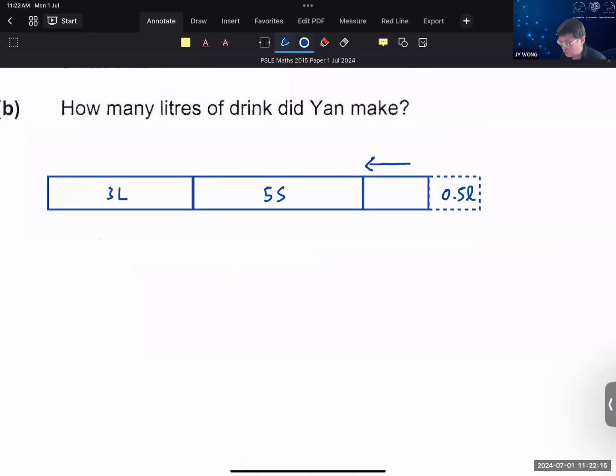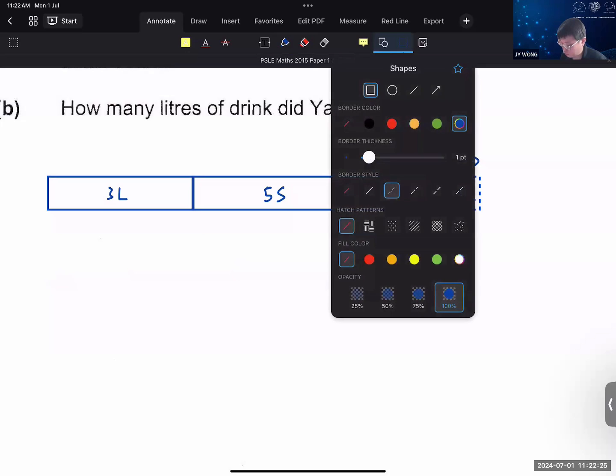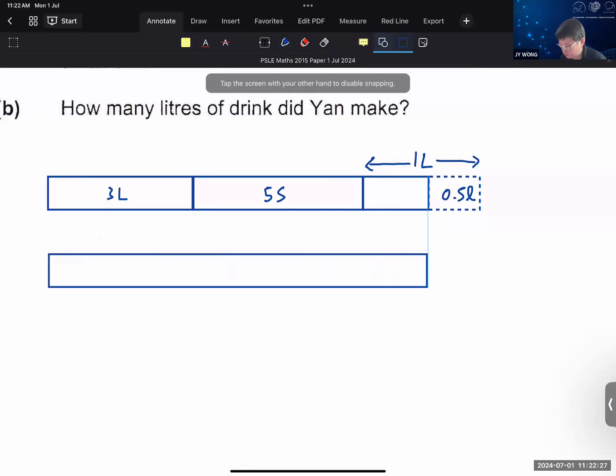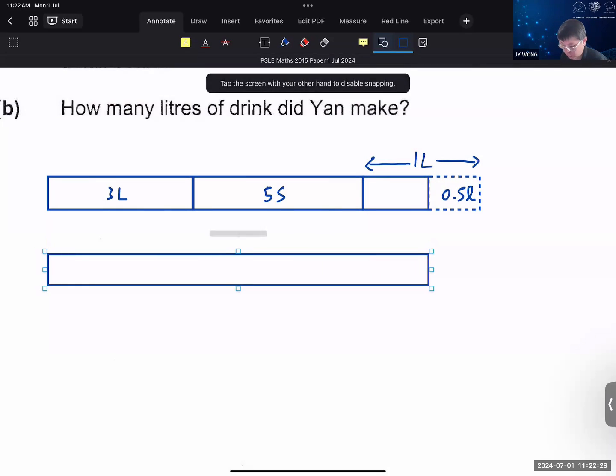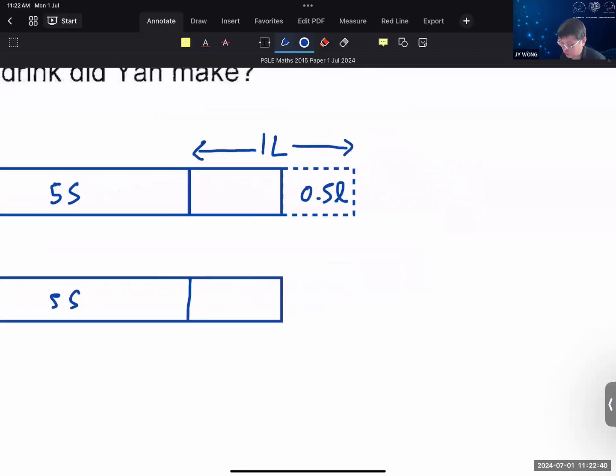So this is 1 large. Correct? She tried to fill 1 large. It didn't work. So what is the amount of drink that she has? The actual amount of drink that she has will be up to the solid line. You can divide it again into 3 large, 5 small, it doesn't matter. But we know that this is the actual amount of drink that she has.